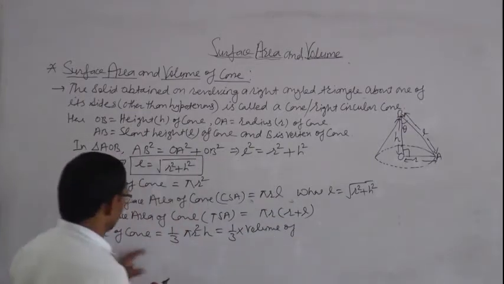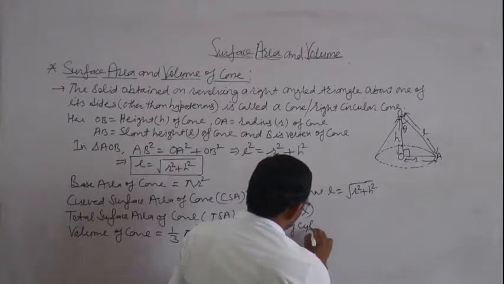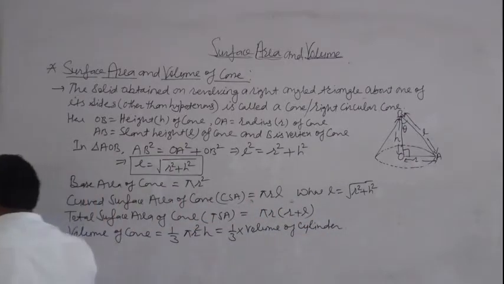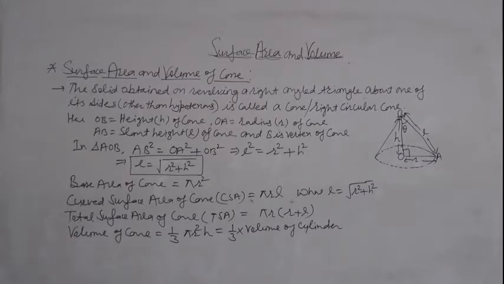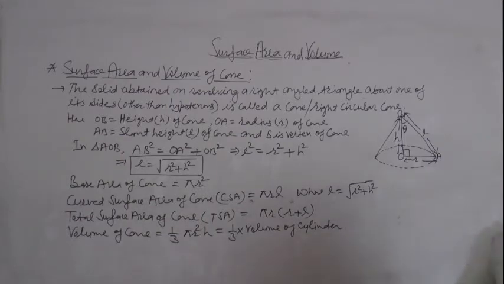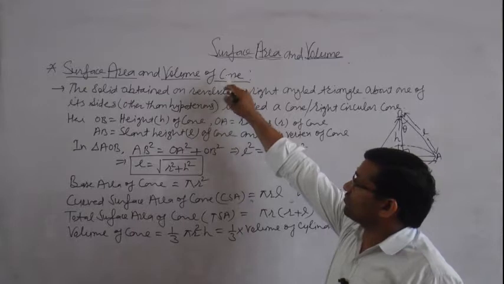So we can write volume of cone is equal to 1 upon 3 into volume of cylinder. So volume of cone is equal to 1 upon 3 pi R square H. So these are some important formulas related to surface area and volume of cone.